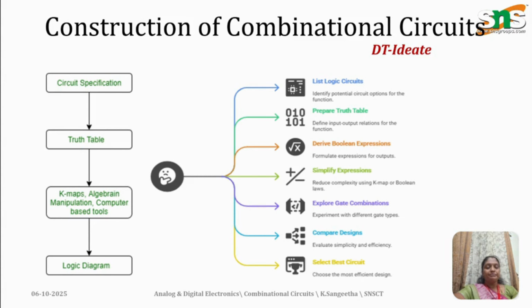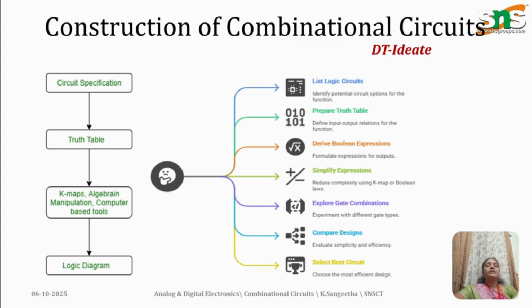For example, for n inputs, we need 2 power n possible combinations. If the input is 4, we can calculate the number of possible combinations as 2 power n, that is 2 power 4, which is equal to 16. So the truth table lists all the possible inputs and outputs.